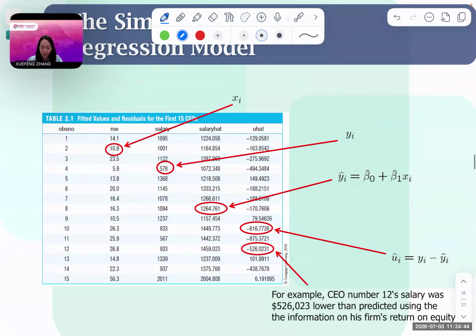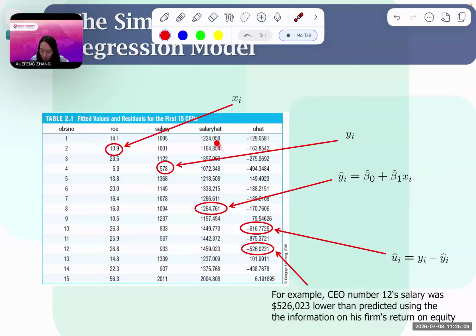Let's take a look at the table here. So here are the fitted values and residuals from the first 15 CEOs, our example before. So here ROE is our x_i, and salary is y_i. So x_i and y_i are our data, our sample, right?